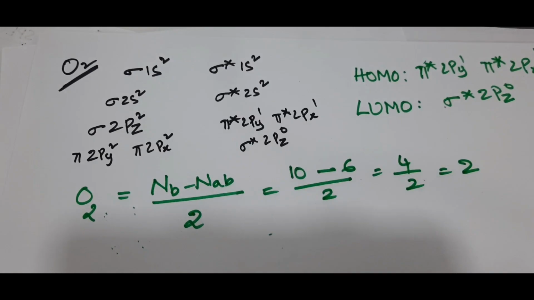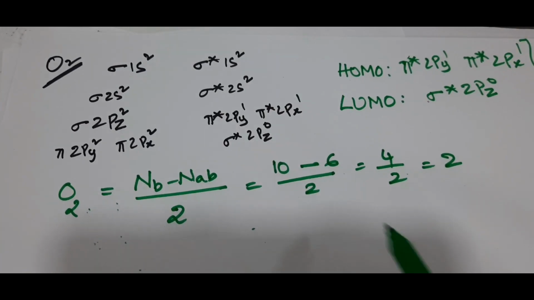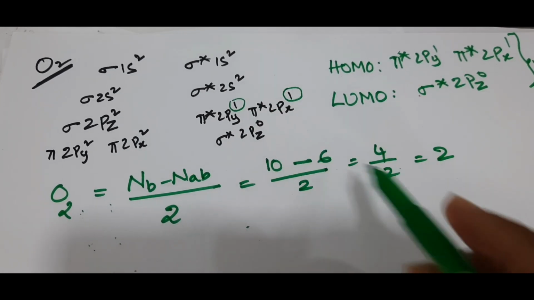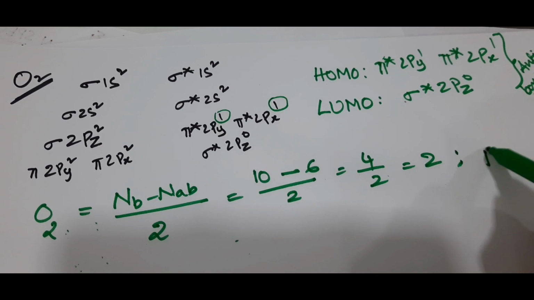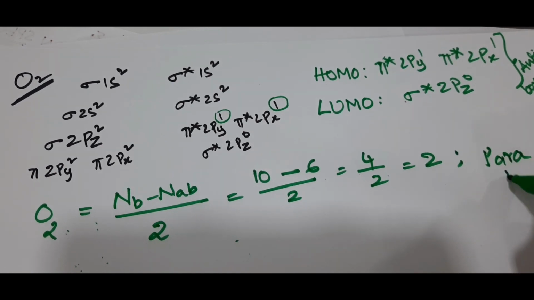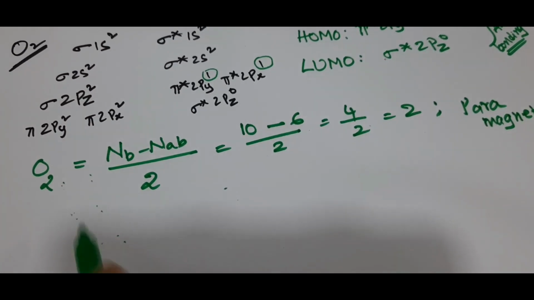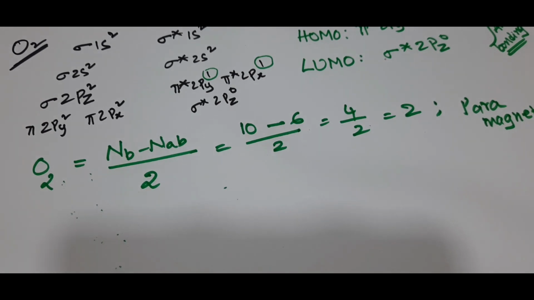So its bond order is 2. And in this configuration it has 2 unpaired electrons. Look at this. So it is paramagnetic. This is about the O2 molecule. Now we are entering into another molecule.